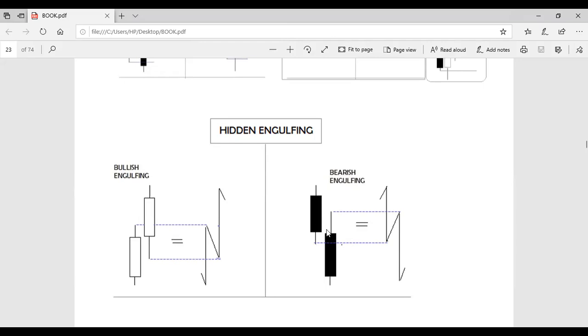Sell when you see two candlesticks coming down, this one carries a lower wick, this one carries a higher wick. Take note, this is the formation in a lower time frame, but it is hidden in a higher time frame. So when you refine it, you must refine it into a lower time frame. When we come back in part 2 of this course, we will lay much emphasis on this.